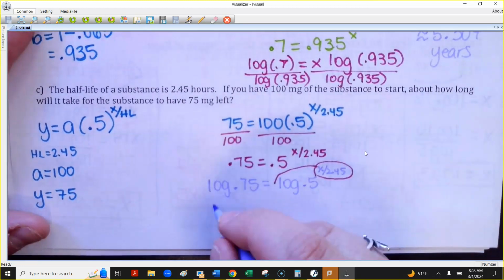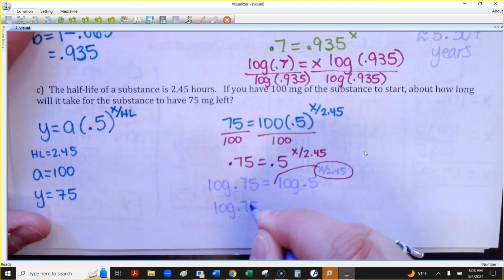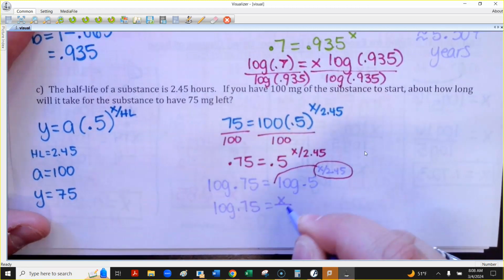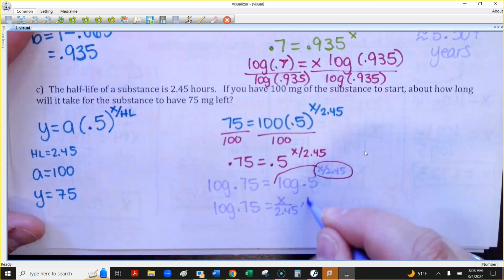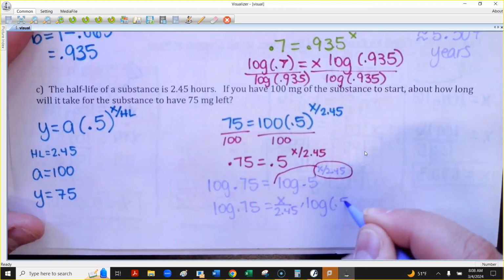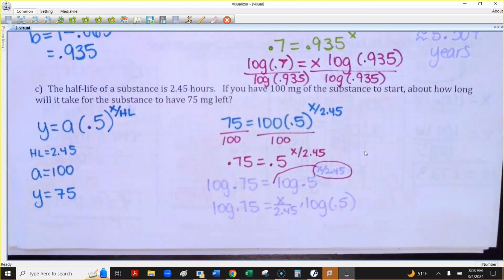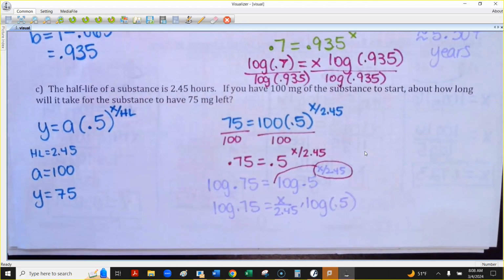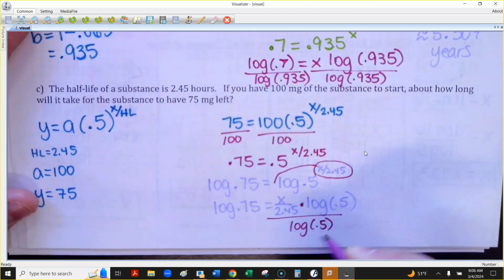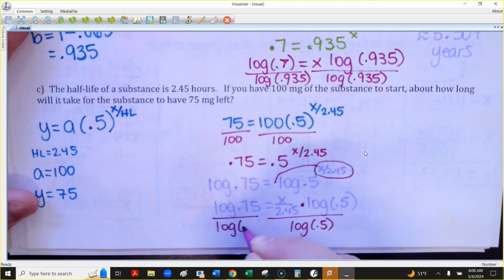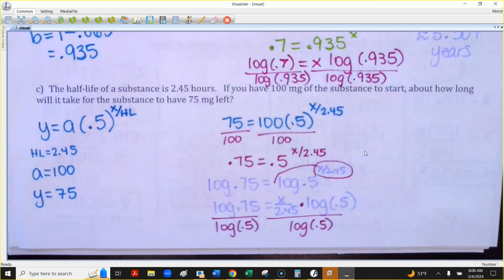So we'd have that log of 0.75 equals X over 2.45. So it'd be like a little fraction multiplied by the log 0.5. Now, just remember, log of 0.5 is some weird number. So we're multiplying that by the fraction where our variable's at. I'm just going to divide by that log of 0.5, which is essentially doing a change of base.